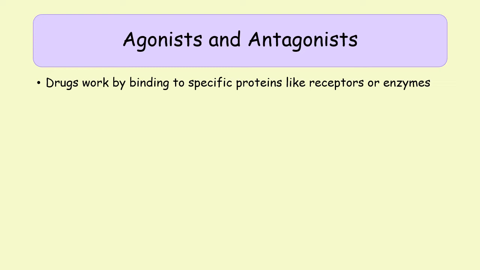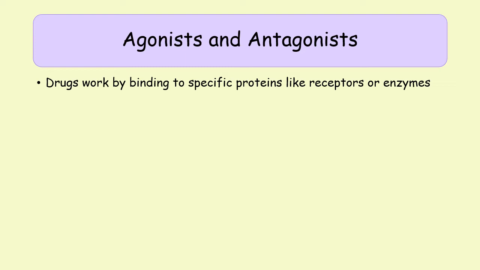The two most common types of protein they would be binding to are receptors. The receptors coat every single cell, and they're responsible for receiving information. Or they could also be interacting with enzymes, and as we know, enzymes are biological catalysts, which allow your biochemical reactions to happen at a rate that actually allows life to exist.